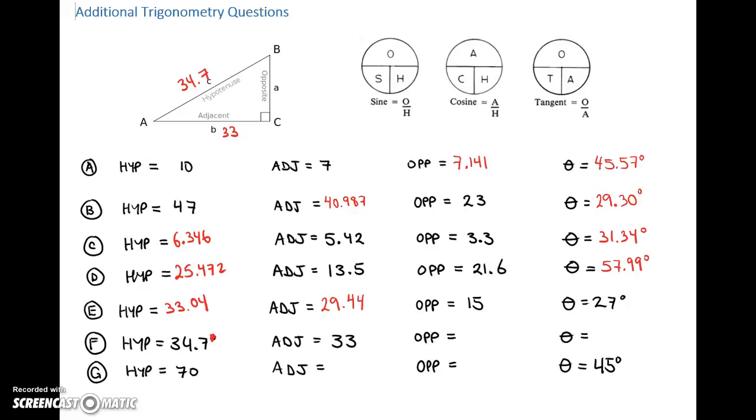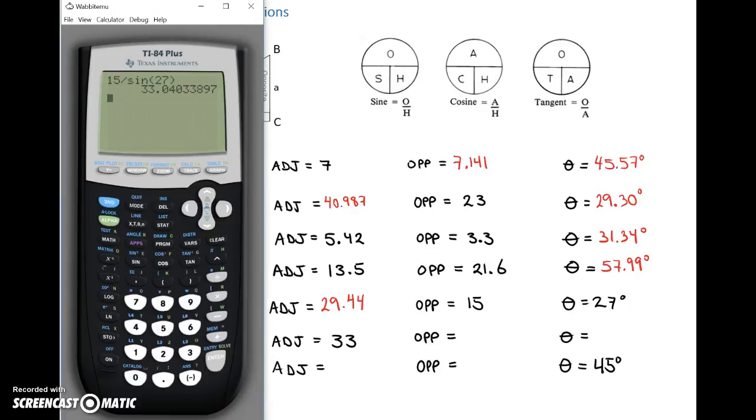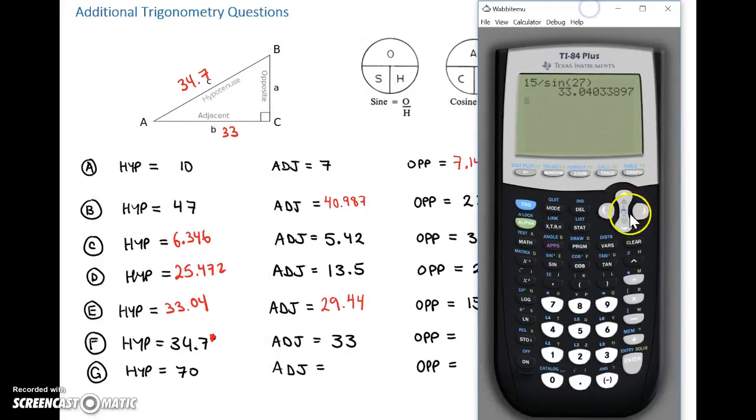Okay, so let's find the angle first. Let's see. The adjacent and the hypotenuse are right here in cos. So in order to find the angle, it would be the inverse cos of the adjacent over the hypotenuse. So we said inverse cos of the adjacent, oh, sorry.